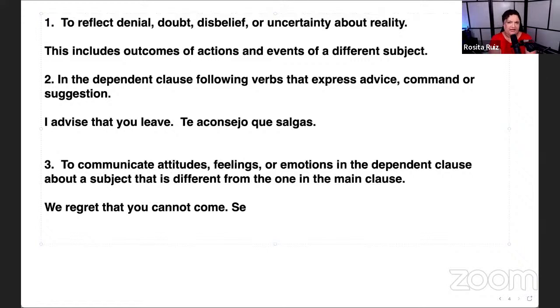That's more of an idiom. If I said something along the lines of "yo lastimo que," then yeah, we'll use the subjunctive. But if I said "qué lástima," it's like, oh dude, that sucks.